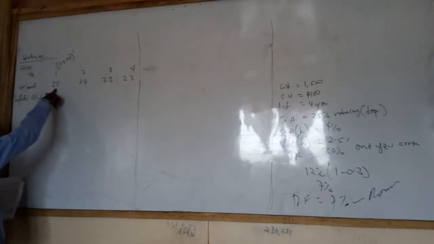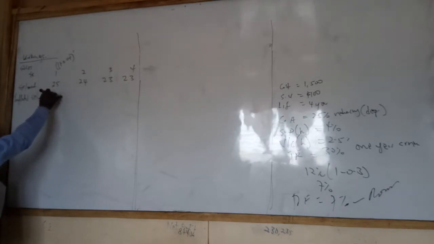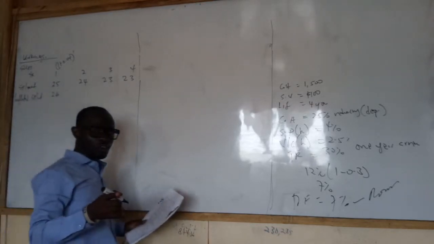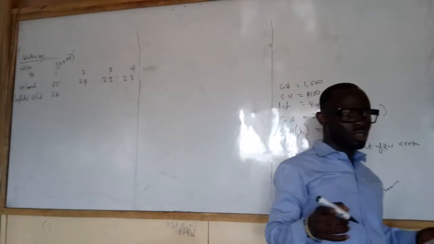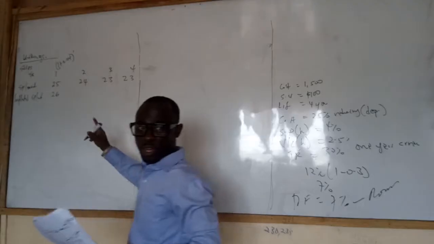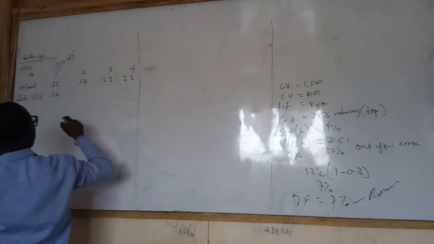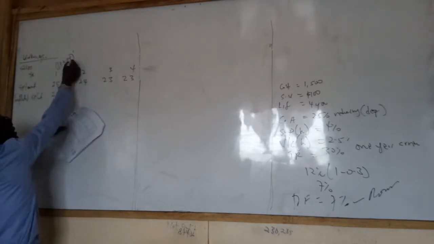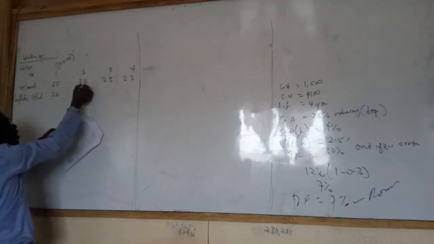Times 25, which gives 26. Year 2, the same thing, exponent 2, you multiply by 24.